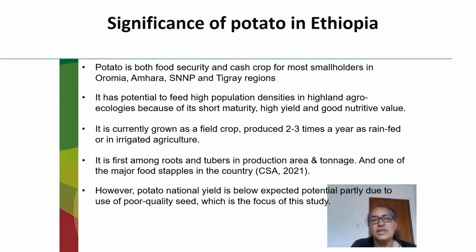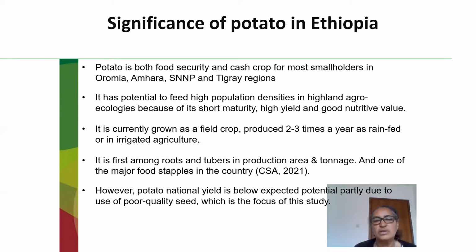It has potential to feed high population densities in highland agroecologies because of its short maturity, high yield, and good nutritive value. It is currently grown as a field crop produced 2 to 3 times a year as rain-fed or in irrigated agriculture. It is first among roots and tubers in production area and tonnage, and one of the major food staples in the country.